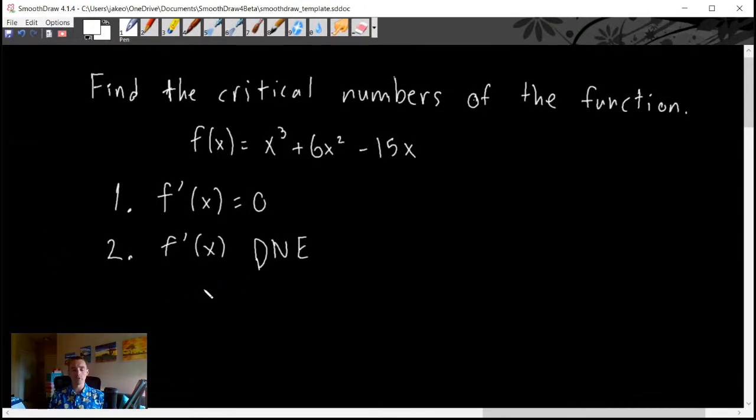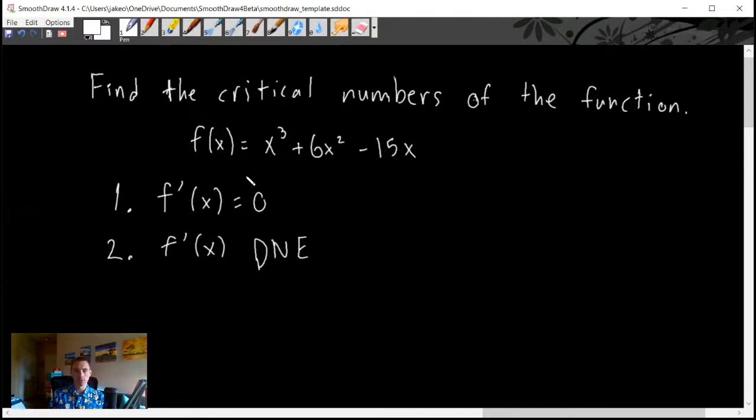For example, if your derivative is a fraction, and some x value makes the denominator equal 0, you're dividing by 0, so your derivative would not exist there. That's just one example; there could be other things that create that. These two things are what we want to look out for.